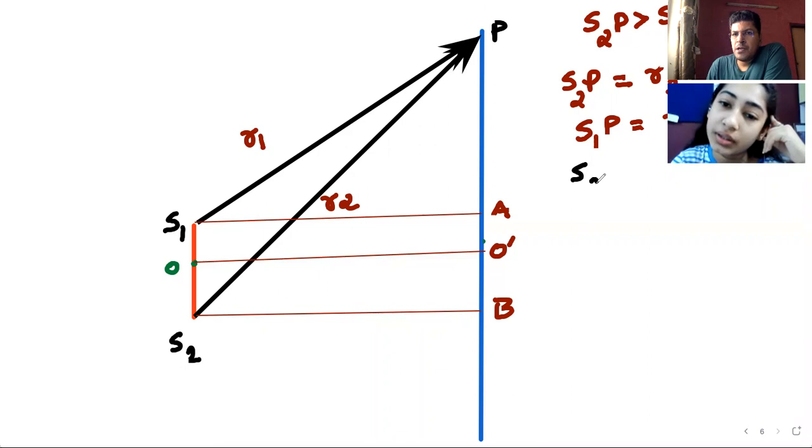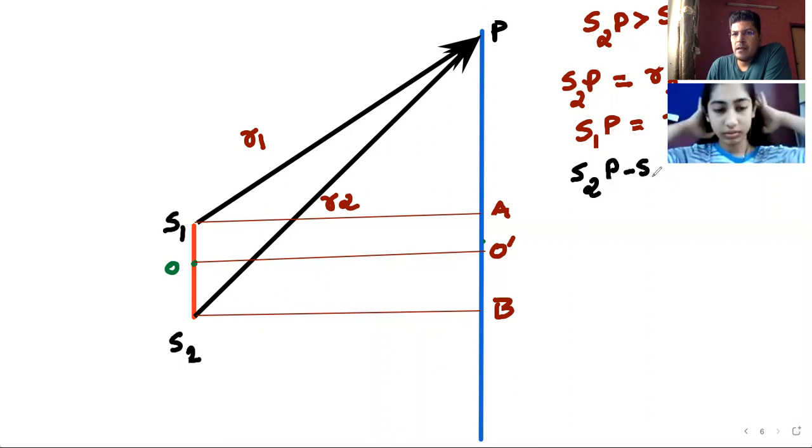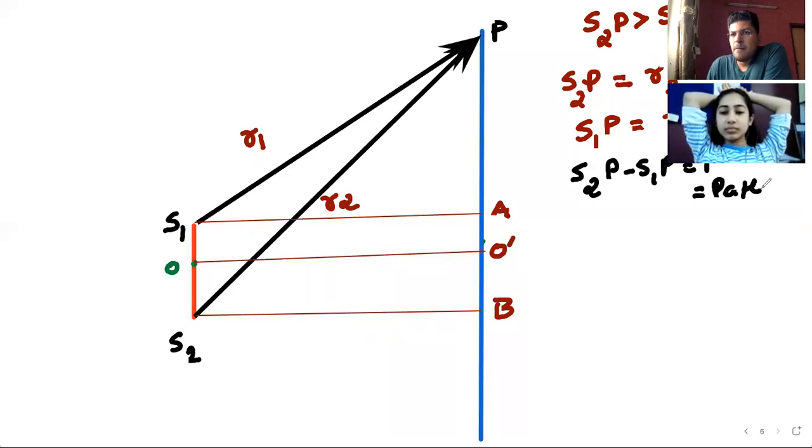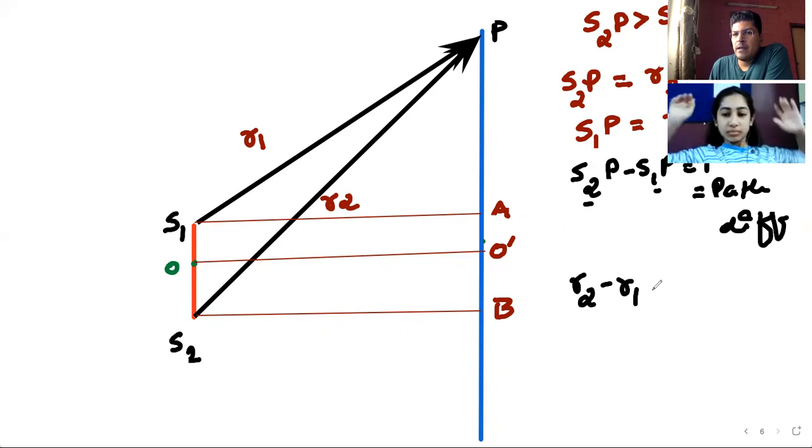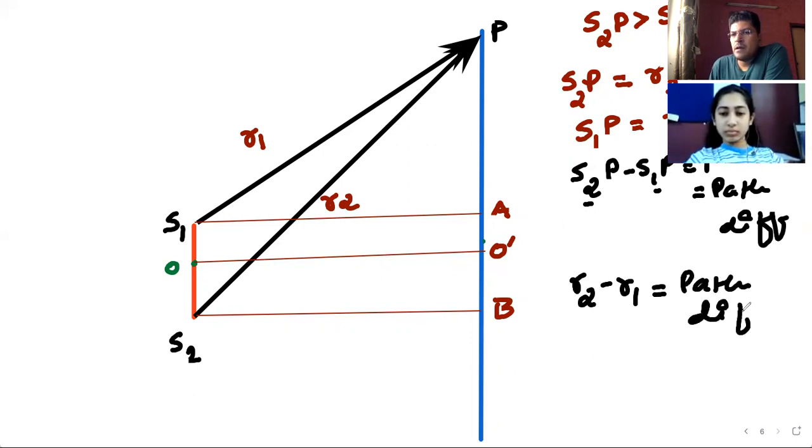So I am mentioning that S2P minus S1P, which we called P in the previous theory, is the path difference. Now we have the values of S2P and S1P, which are R2 and R1. So R2 minus R1 is called the path difference.